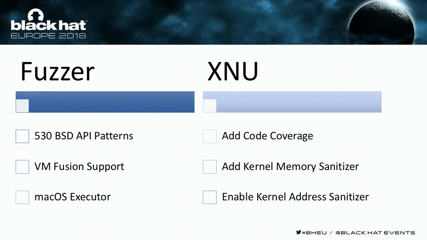And we must implement a macOS executor to execute these syscall requests. The second part, XNU: syzkaller is a code coverage-driven fuzzing tool, so we must add code coverage to the existing XNU project. We also need to enable the default kernel address sanitizer and add the kernel memory sanitizer to make it better.